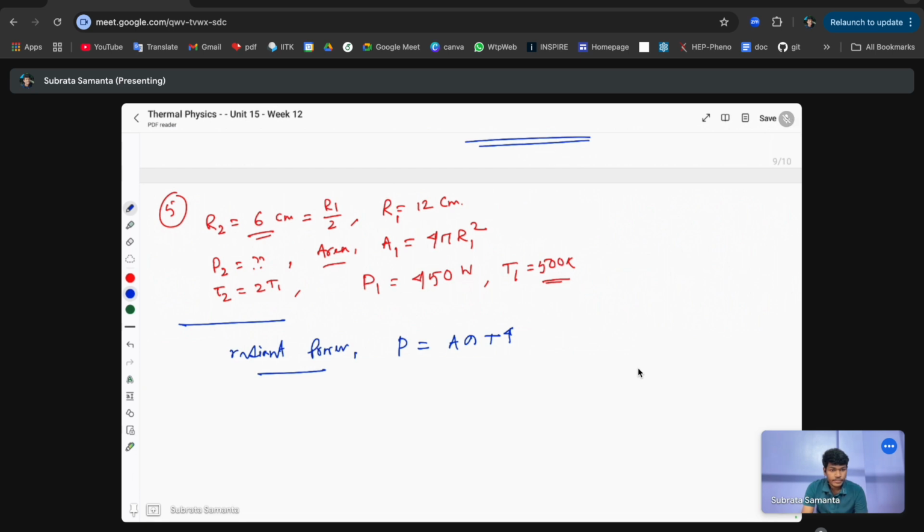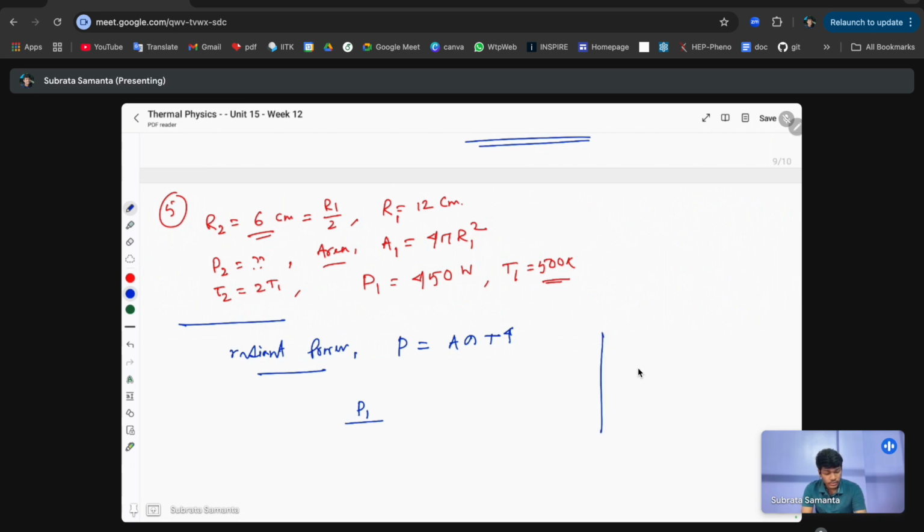So then P1 over P2, where sigma is a constant, the Stefan-Boltzmann constant, so it's constant for different values of radius and temperatures.